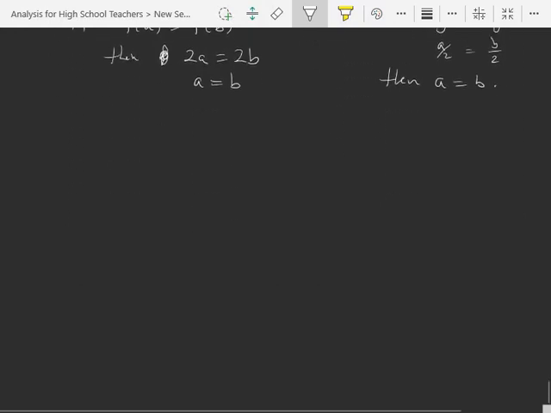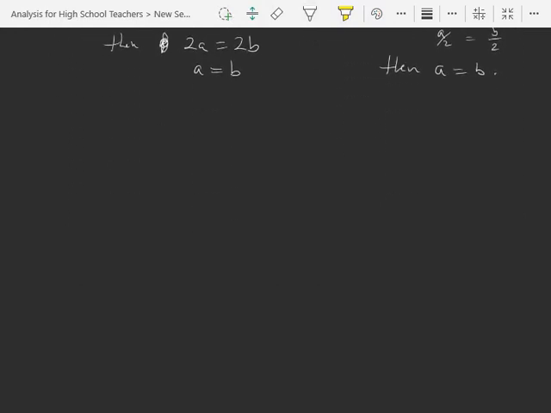Alright, so this is going to be our definition of when two sets have the same size.